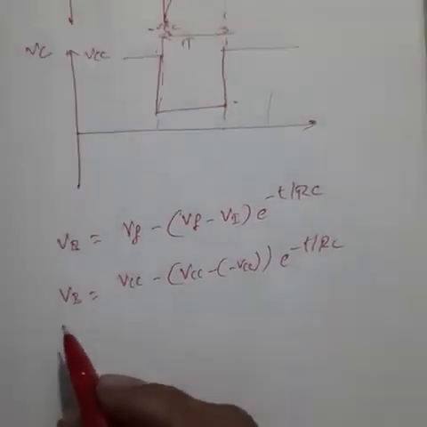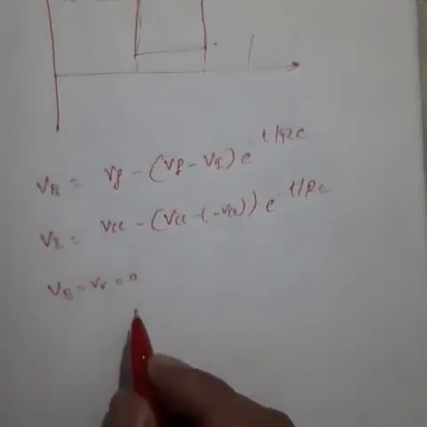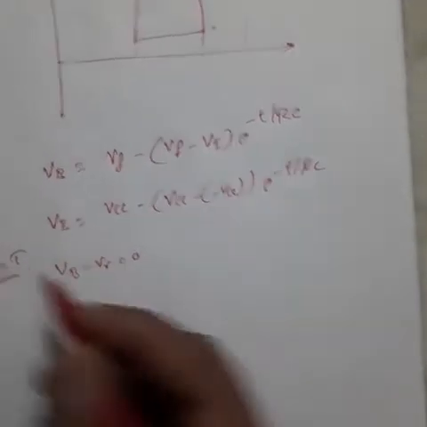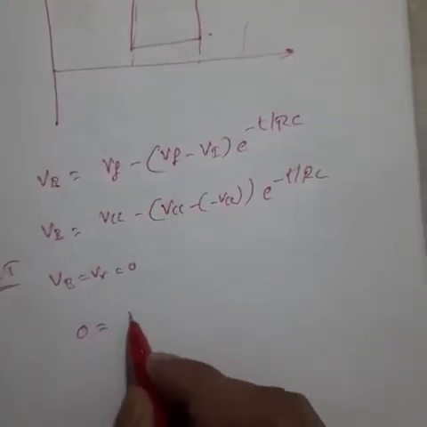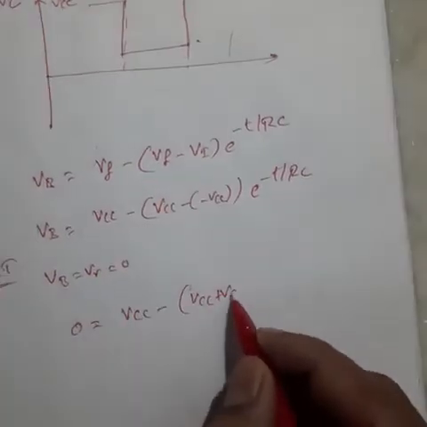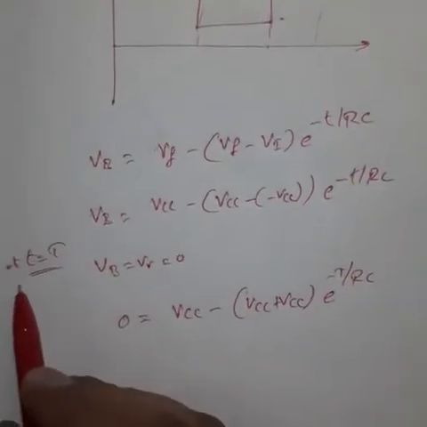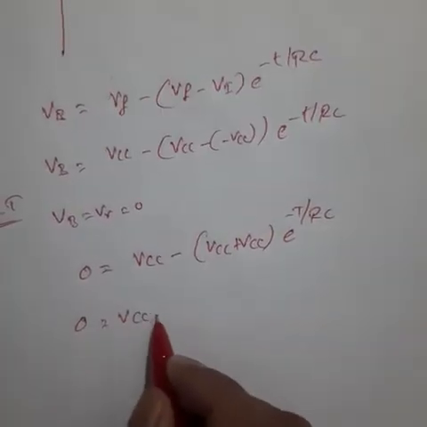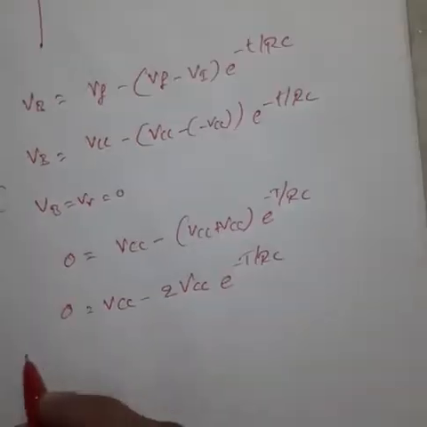For base voltage at saturation, in the ideal case, VB equals V cut-in, equal to 0. Let us consider VB at t equal to capital T. Then substitute this in the equation: 0 equals VCC minus VCC plus VCC into e power minus T by RC, because we are considering t equal to T. So 0 equals VCC minus 2 VCC into e power minus T by RC.